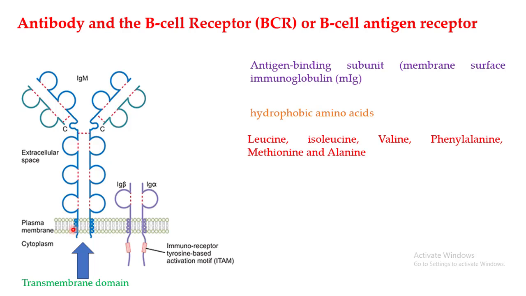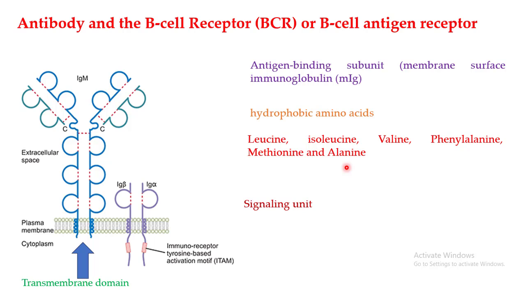The common hydrophobic amino acids that you are going to see in the transmembrane domain of the B cell receptor are leucine, isoleucine, valine, phenylalanine, methionine, and alanine. And of course, there are other hydrophobic amino acids as well, but these are the ones you are going to use when making the transmembrane domain of the B cell receptor.